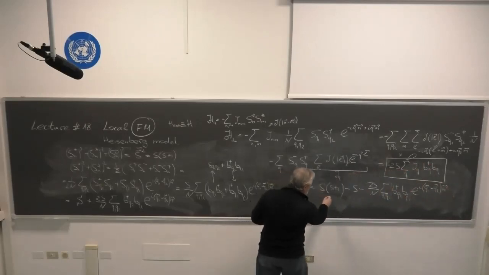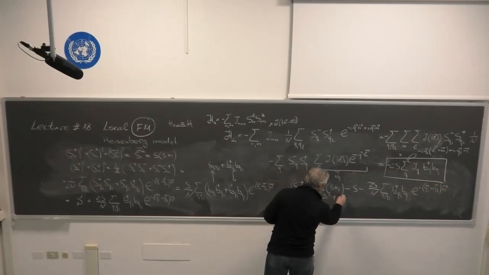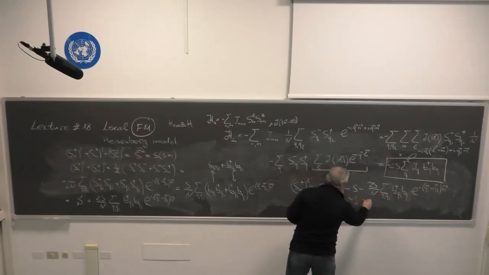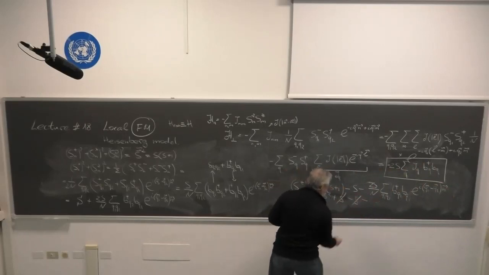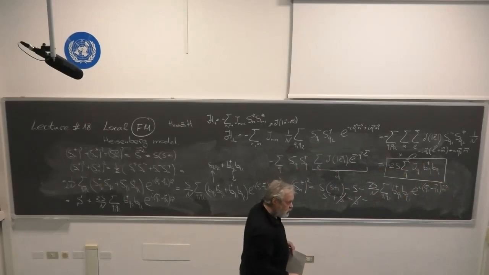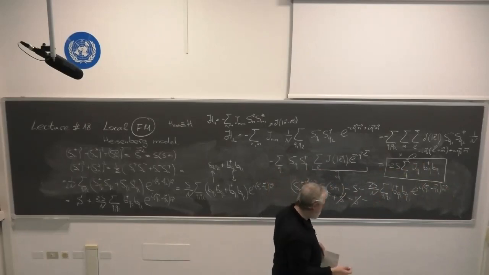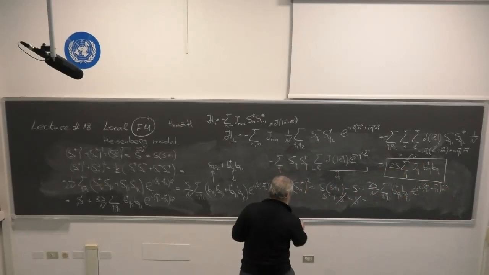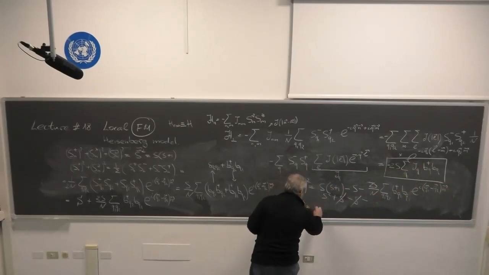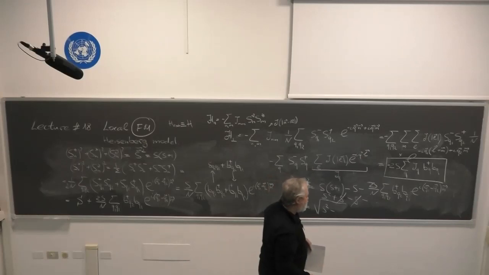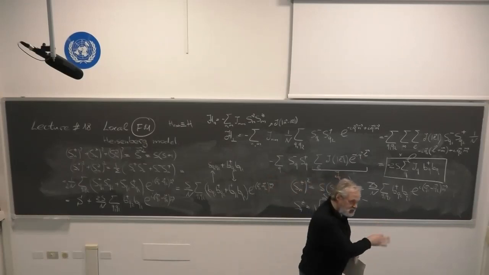You see that this is S squared plus S minus S, the S cancels out. Now I need to take the square root. So S_n^z is a square root of S squared minus something. And this is sort of a density operator. We will see that it's related to the density of magnons.